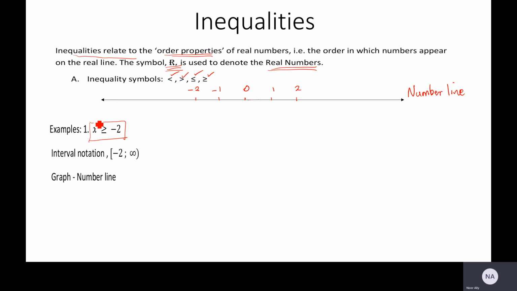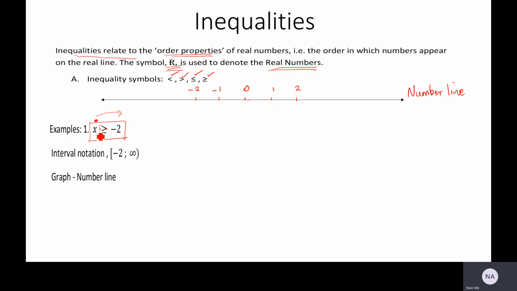Now, if I'm starting with X, when I indicate this inequality and I begin reading as is customary in the English language to go from left to right, then I'm going to start with X. And of course, the bigger part of the inequality is on the left hand side.